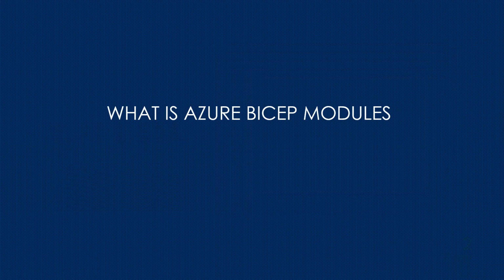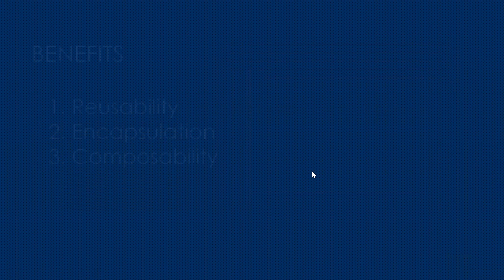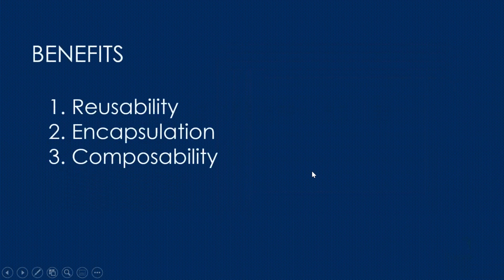It is a good idea to have all of that in one single file, encapsulate it together, and refer to it from a different file, like your main.bicep file. The benefits you get are reusability, encapsulation, and composability.